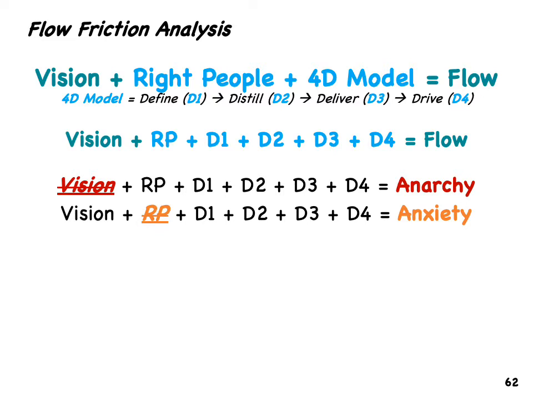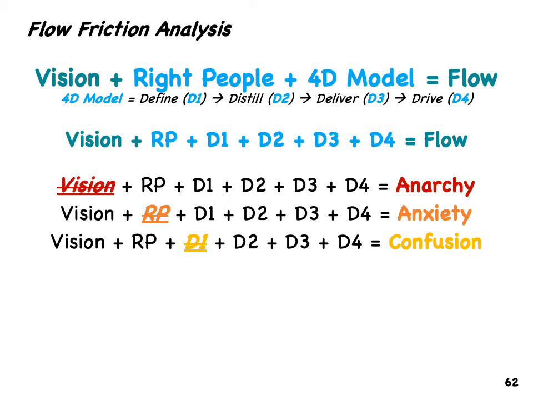So if you have a team that's anxious, you probably don't have the right people in the right places. Now, this works at all levels in the organization, from the team level to the product program level to the portfolio executive level. It's the same for all those teams.